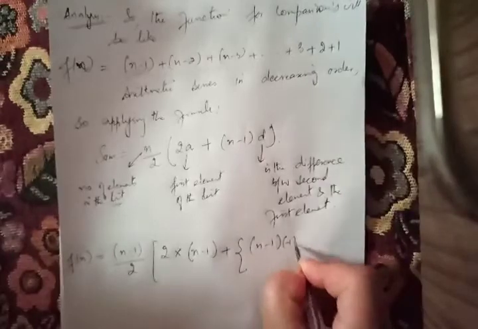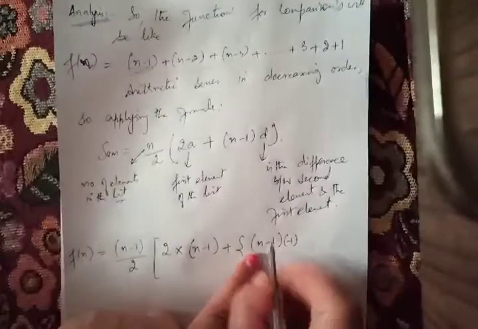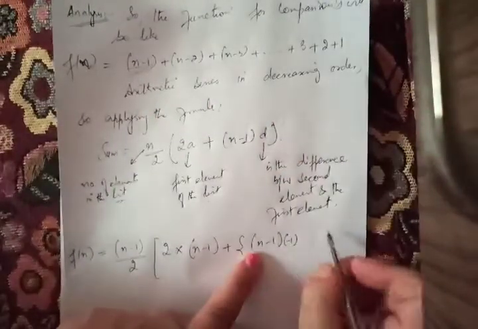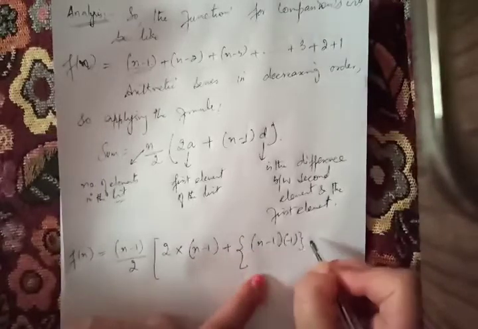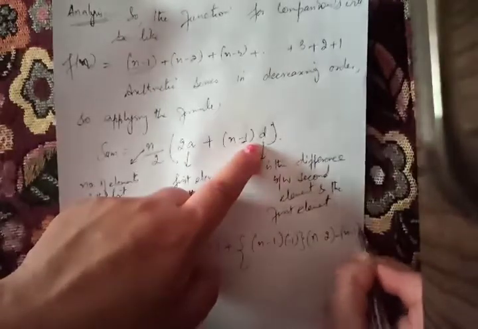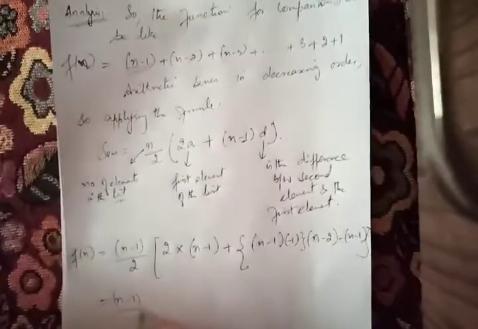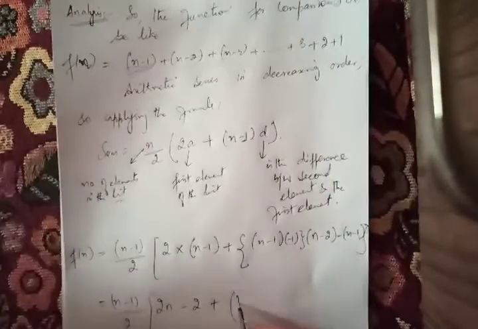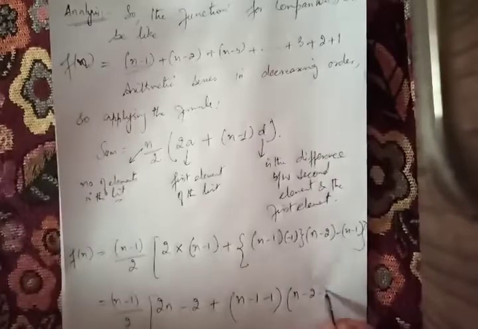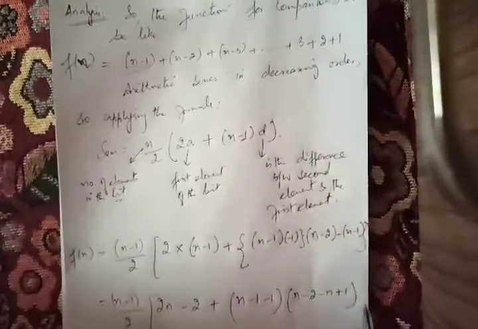Over here n is the total number of elements in the list, so we substituted n minus 1 for n, and then its own minus 1. D is the difference between the second element and the first element. So this will be n minus 1 divided by 2, times 2n minus 2 plus n minus 1 minus 1 times n minus 2 minus n plus 1.